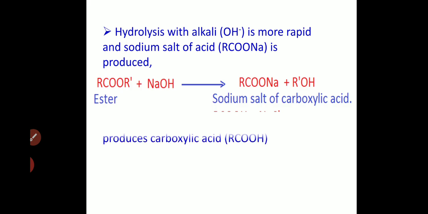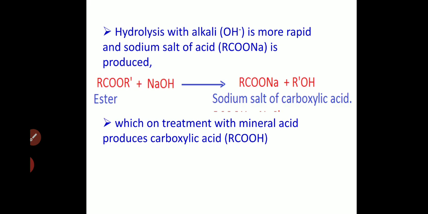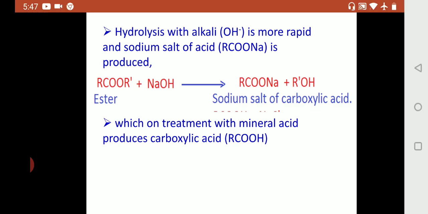Now, which on treatment with mineral acid produces carboxylic acids, RCOOH. That is, this sodium salt of carboxylic acid reacts with a mineral acid, not an organic acid, like HCl, H2SO4, H3PO4. These are all mineral acids. It reacts with a mineral acid to form what?